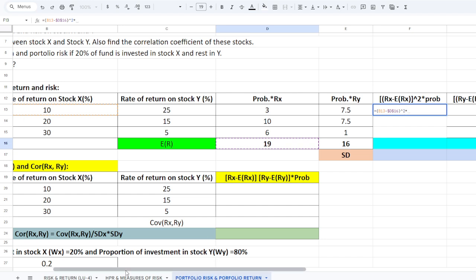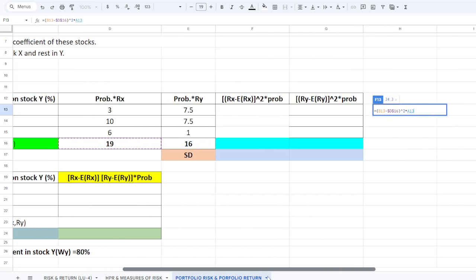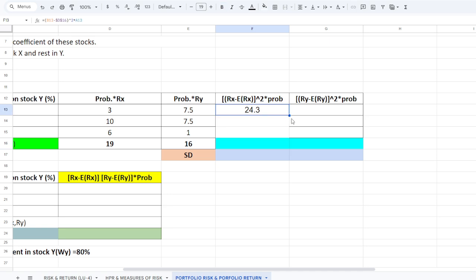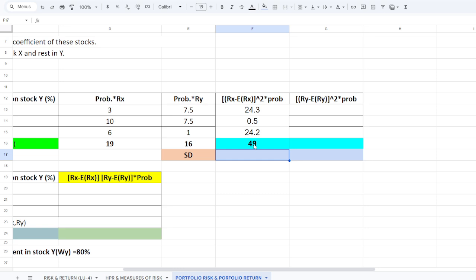Then select your probability distribution, that is 0.3. Then you just enter it and drag it. Now what about our sum here? The sum of these values is nothing but the variance of stock X. So if the variance is 49%, remember, then simply you can use the SQRT function.